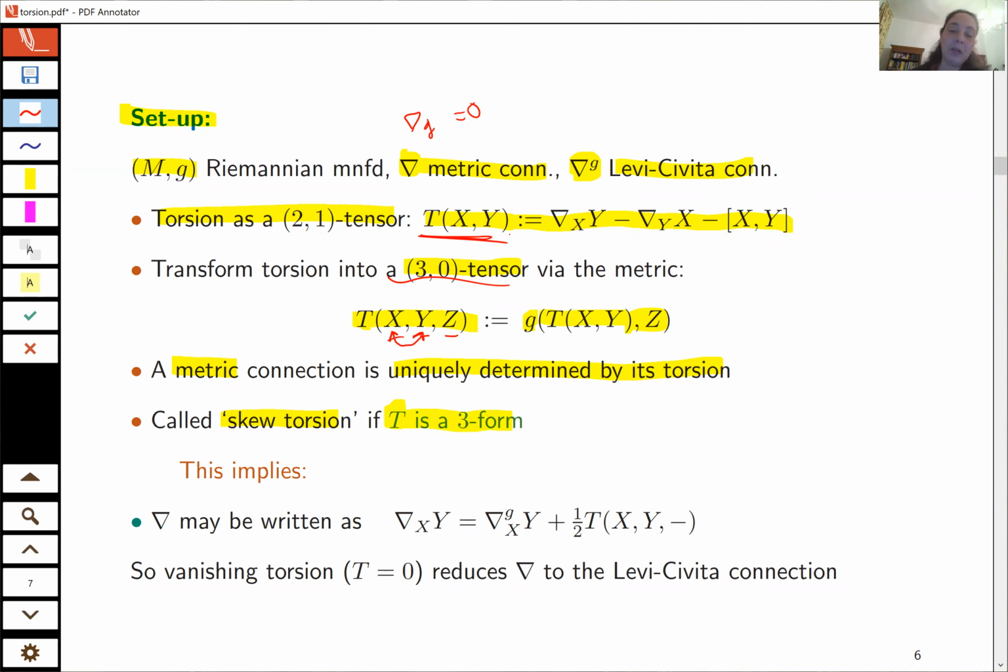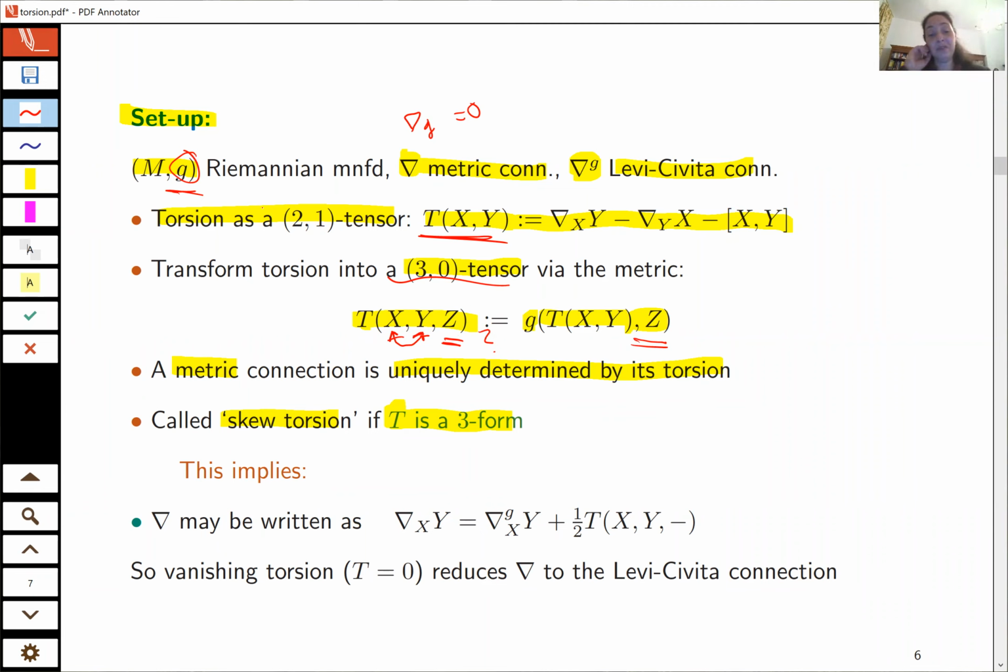But a priori, the torsion tensor does not have any particular reason to be antisymmetric with respect to z, because that enters the picture just by contracting with the metric. But of course, algebraically, it's possible that it is antisymmetric, and then T is a three form. And in particular, we see that the notion of T being a three form or skew symmetric torsion only makes sense with respect to a given Riemannian metric.